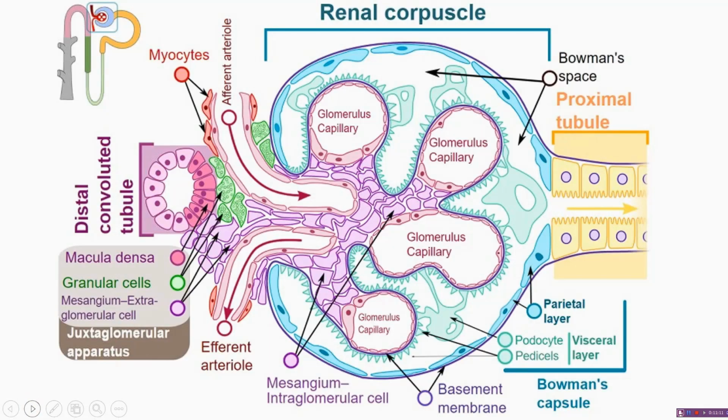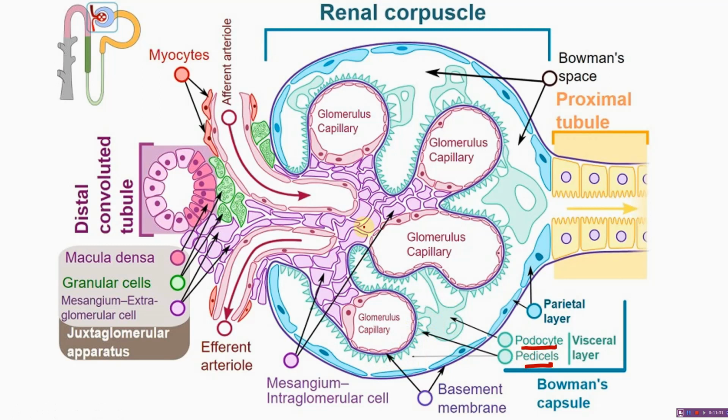Now here you can see a histological section of the glomerulus along with the juxtaglomerular apparatus. As you can see, the podocytes and pedicels, the pores and the pedicels of the visceral layer of the Bowman's capsule.